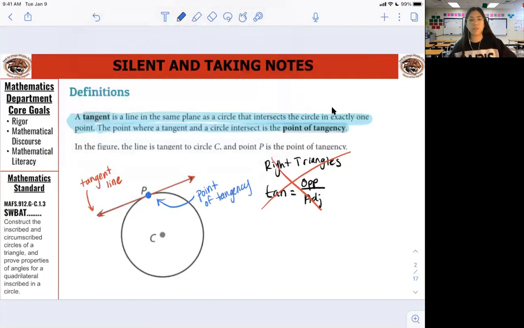Go ahead and draw your diagram. Like I said the other day, if you have your compass with you, even better. Then you're going to have a nice, neat circle. If you don't have it with you, a cup works just fine. Anything circular works, but the neater the circle, the better your notes are going to look.